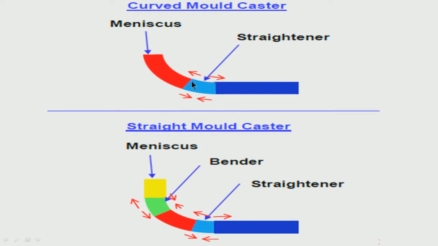If the strand is being straightened or being bent and straightened, a lot of stresses are getting generated at the inner surface and at the outer surface. Now, one thing you must remember, look at the curvature of the mold. This is the inner radius of the mold, and this is the outer radius of the mold.